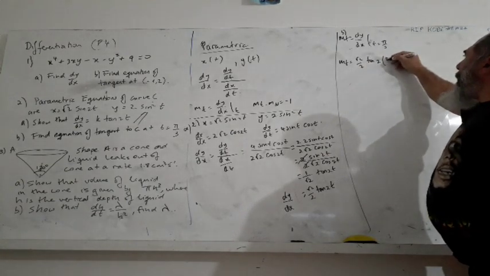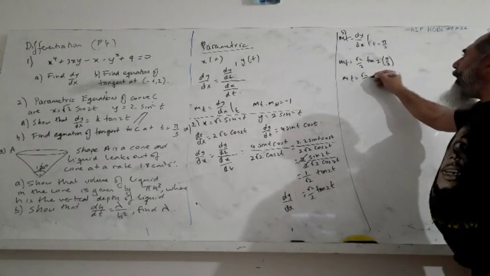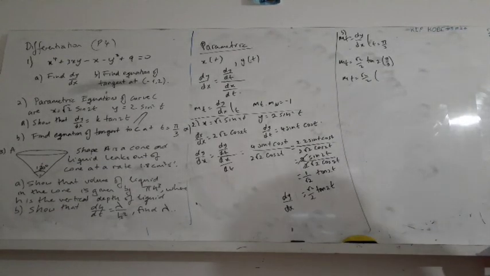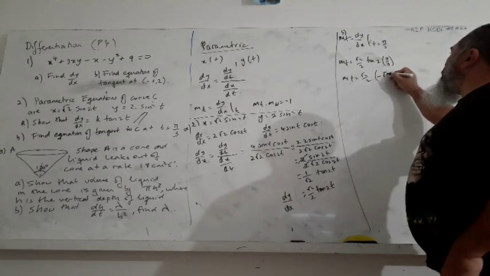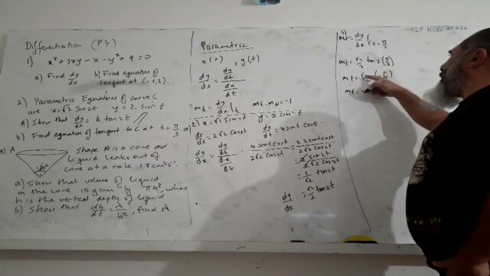Let's use the calculator to find the value of it, which is minus root 3. So the gradient of the tangent is equal to minus root 6, since root 2 times root 3 is root 6, over 2.